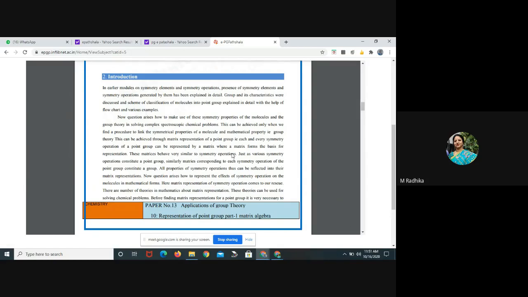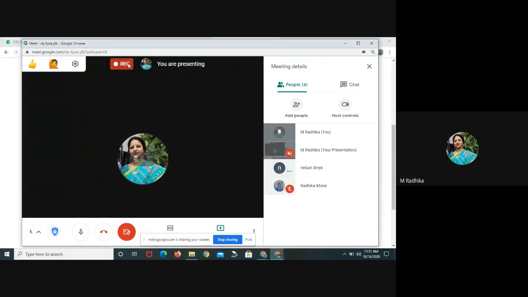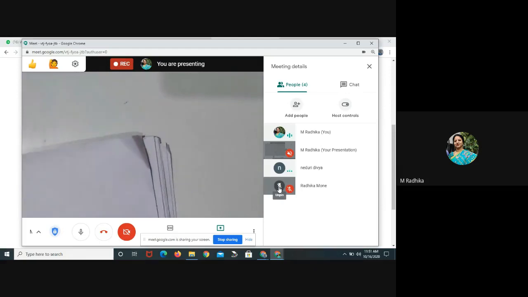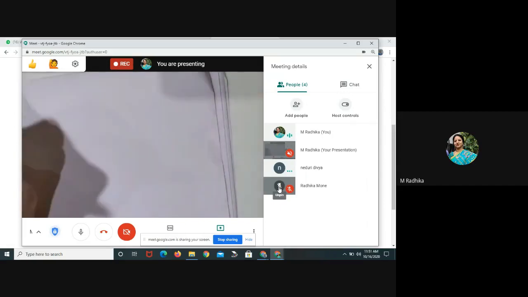Can you tell me the five symmetry elements? Sigma, C2. Can you see the white paper? What are all the symmetry things you had? You had identity.